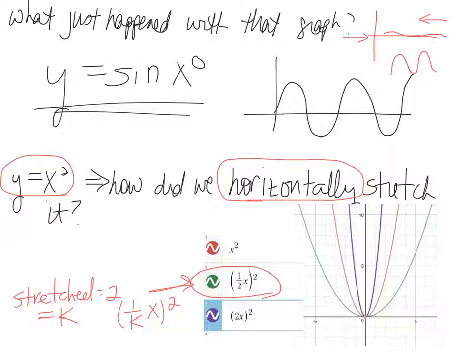If we did 1 over k, that gave us a horizontal stretch, it made everything pull out. Then if we multiply by 2, y equals the quantity 2x, squared, that compresses things a little bit. Let me change the color so we can talk about it.